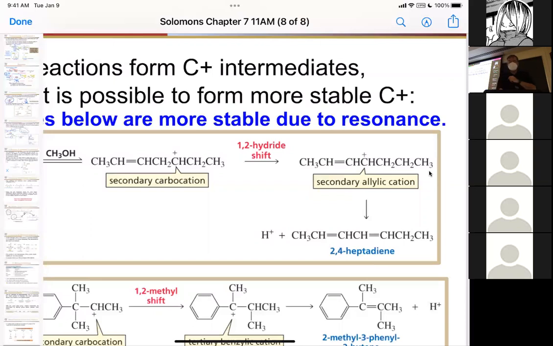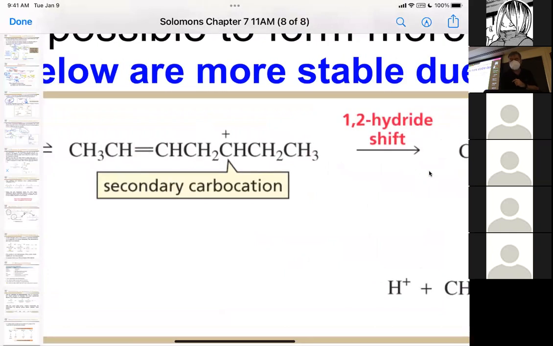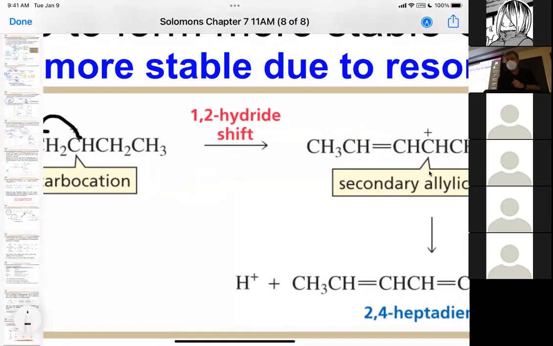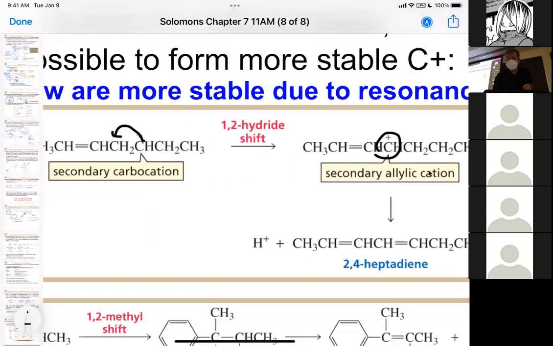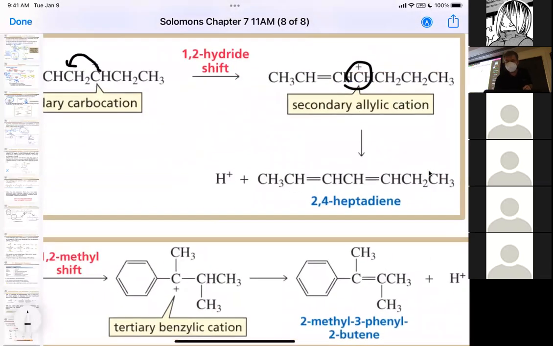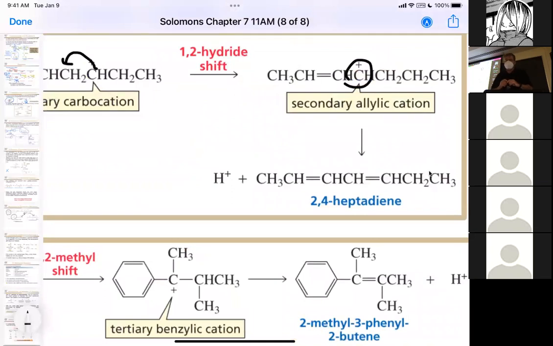Okay, so in this case here, we had a secondary carbocation, and then it's going to move over one slot here by a hydride shift to give us our allylic. And our allylic is even more stable than tertiary. So that's why it moved. And that means when it does our final removal, we actually will end up with this conjugated diene.